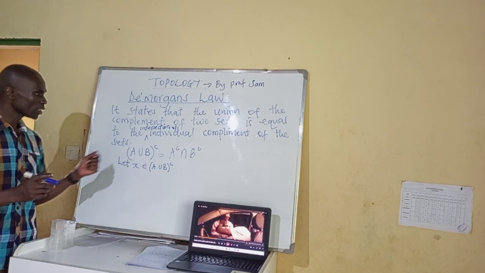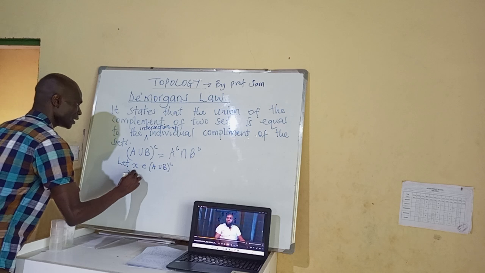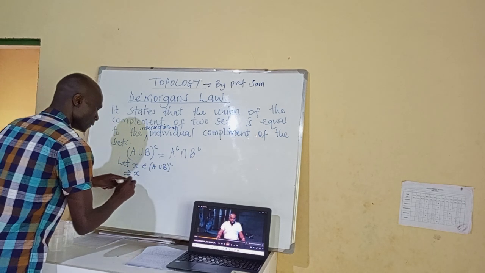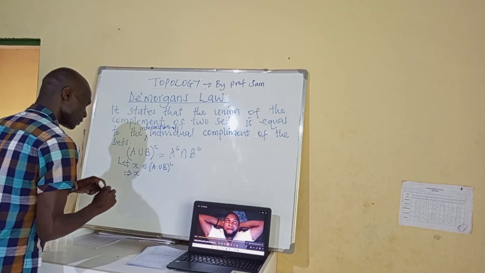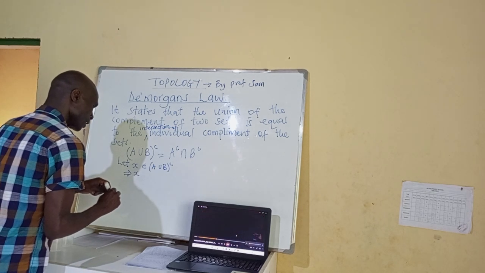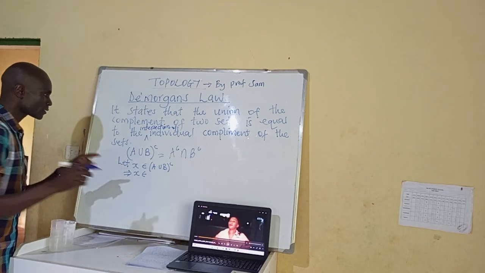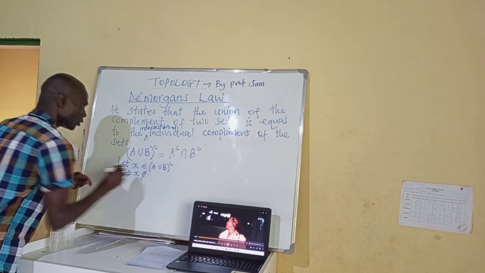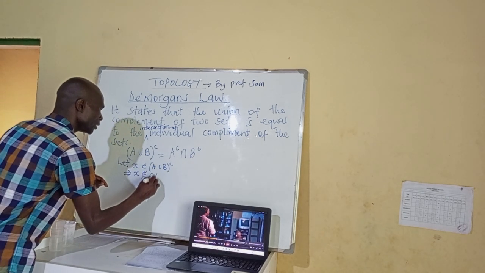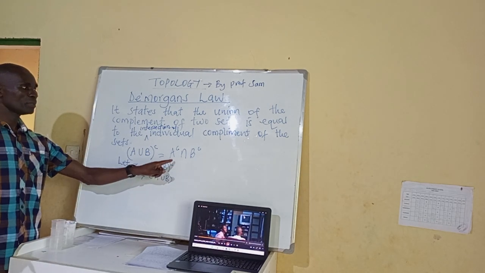So what does that mean? This implies that x is not an element of A union B. Remember, this is A union B complement.